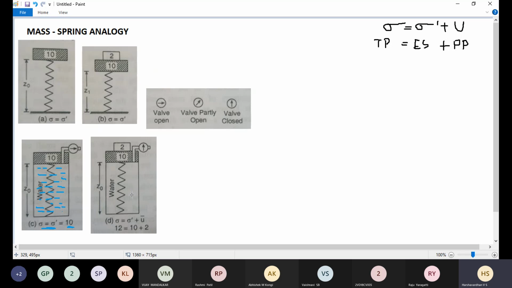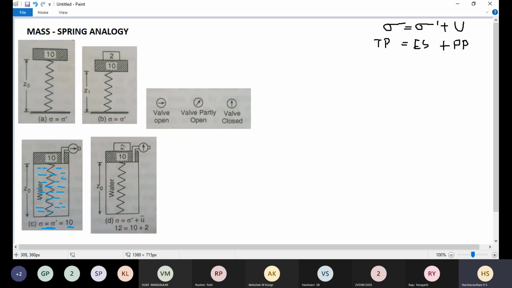Now the water is under stress. This stress or this pressure is called pore water pressure or hydrostatic pressure or hydrodynamic pressure or excess pore pressure, because that is our excess load.